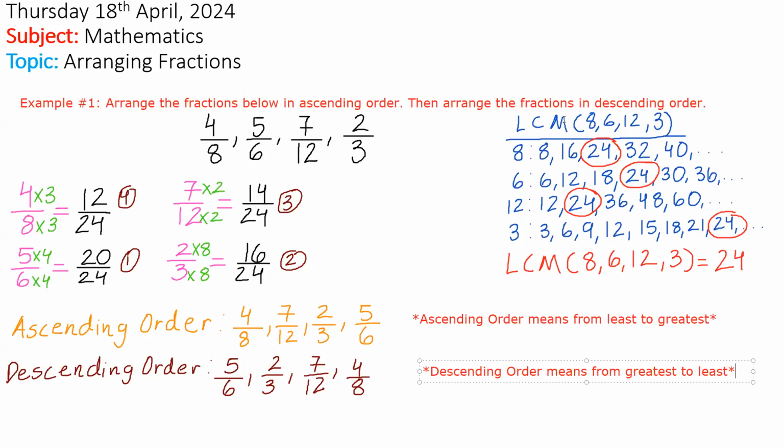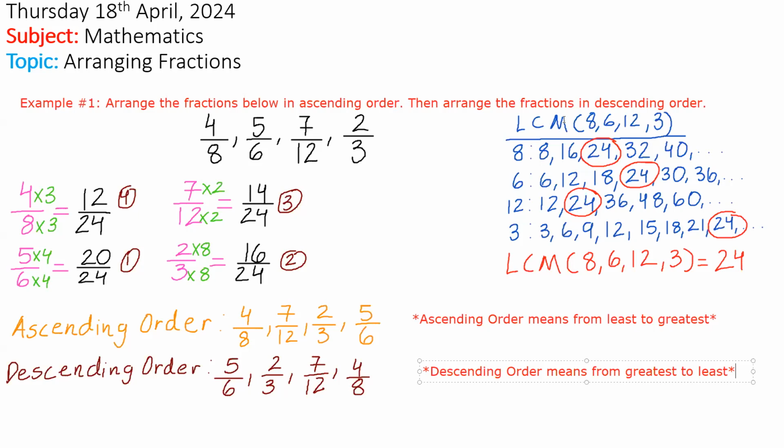The lowest common multiple of 8, 6, 12, and 3 is 24. So we have to multiply the top, because whatever we do to the bottom, we have to do to the top. So for 4/8, 8 times 3 equals 24, so we multiply 4 times 3, which gives us 12. And then 5/6. So 6 times 4 equals 24.